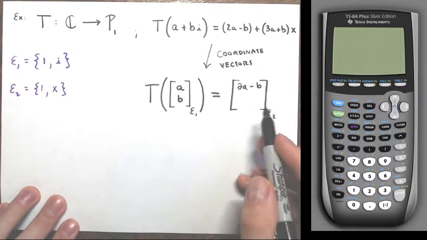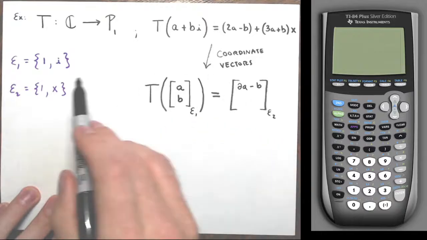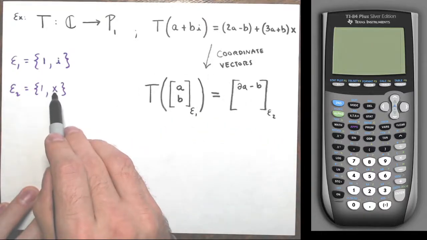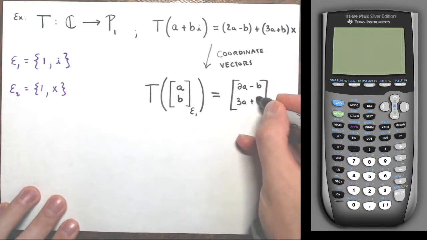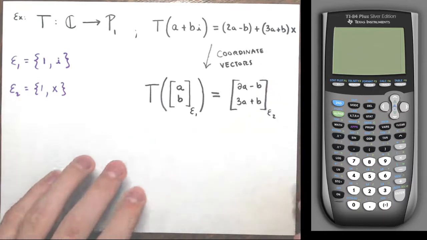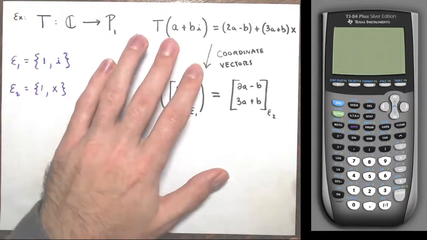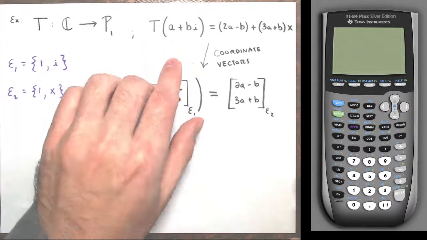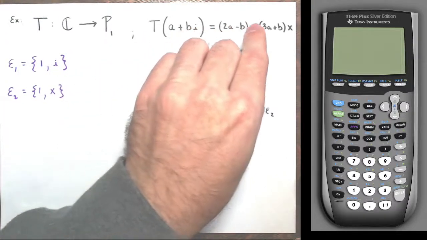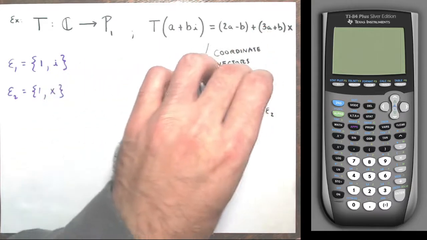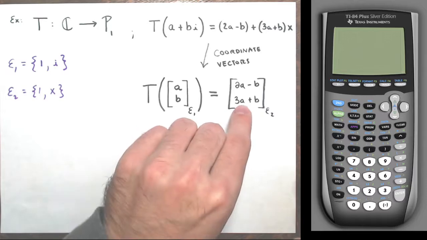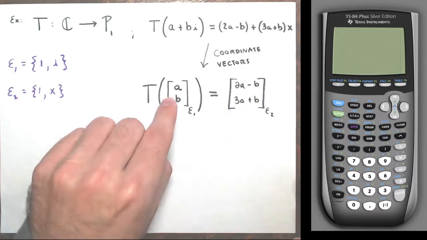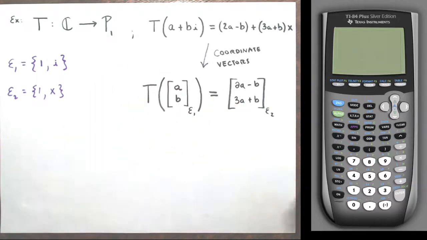And then the second component will be the coefficient of the second vector in the basis, x, which is 3a plus b. All right, so what I've done here is taken a rule that takes a complex number to a polynomial, and I made it look like a transformation that takes a vector from R2 to another vector from R2. But you just have to remember that these represent coordinates and not actually vectors from R2.